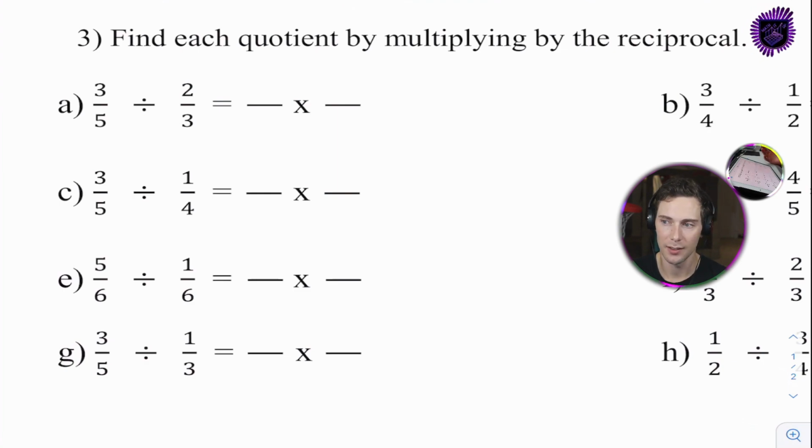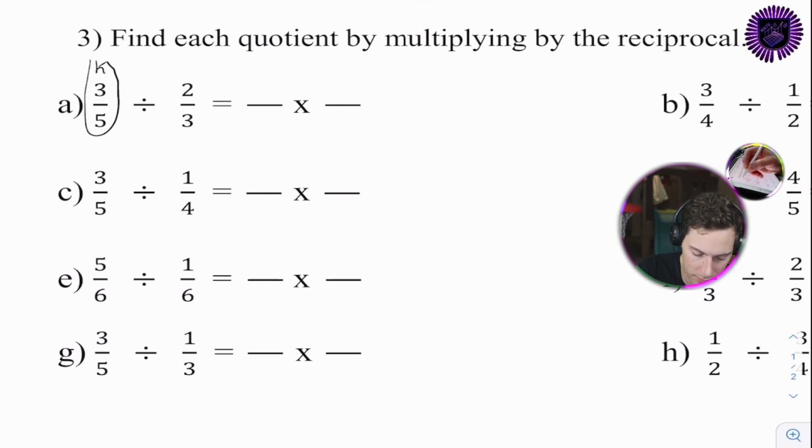So you might hear the keep, flip, change, or KFC, which is keep, change, flip. So we keep this, we change this, and we flip this, KCF. And this means we flip that to its inverse.